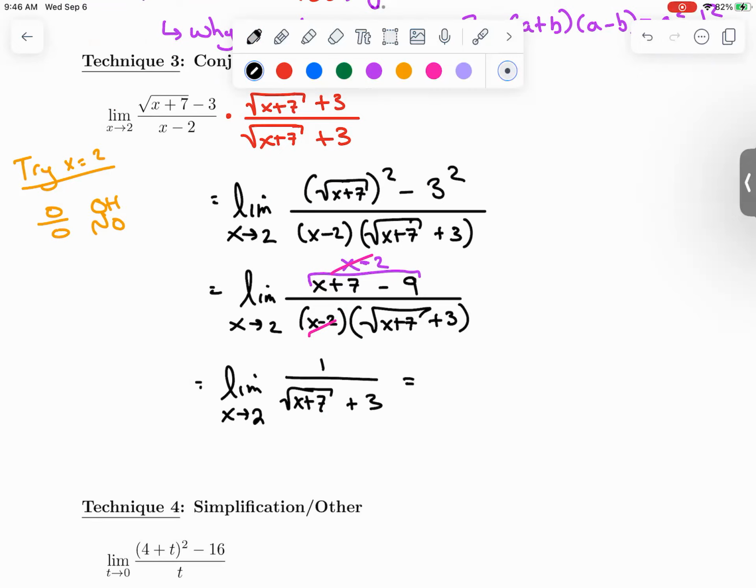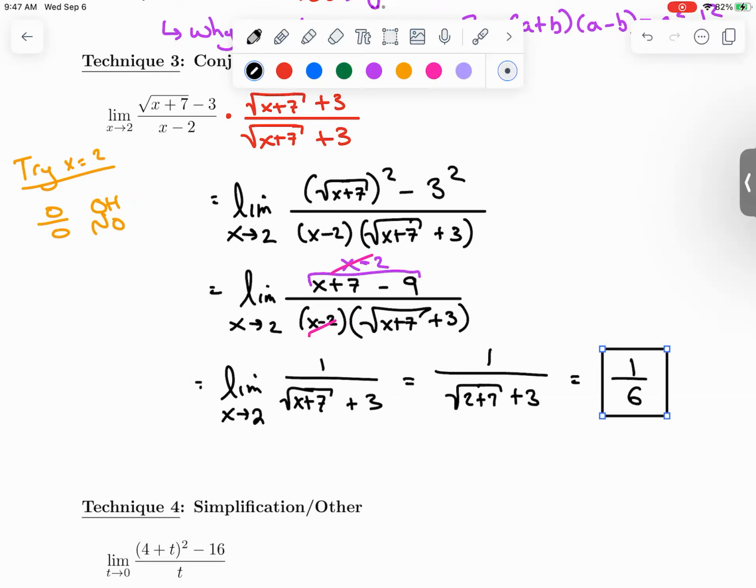We're going to drop the limit sign and plug in 2 because I don't foresee any issues. There's no subtraction going on in the denominator, so I don't foresee us getting 0 in the denominator anytime soon. So that's good news. So that's going to be 1 over the square root of 2 plus 7, plus 3, which is going to simplify to 1/6. Because it's going to be the square root of 9, which is 3, and 3 plus 3 is 6.